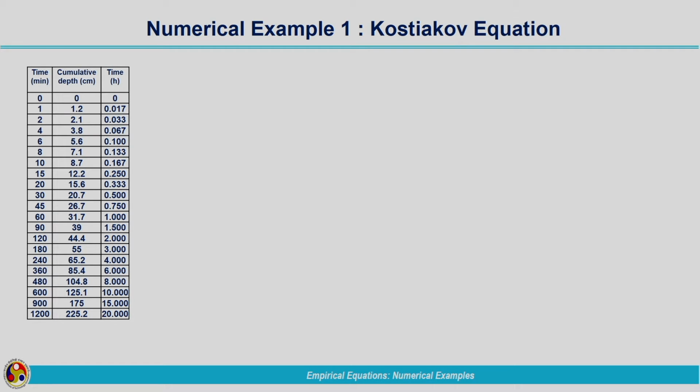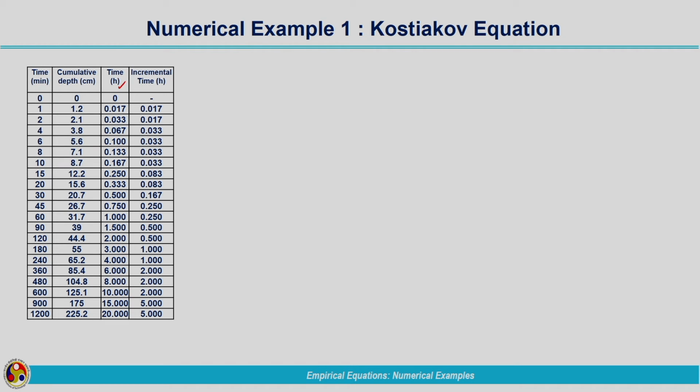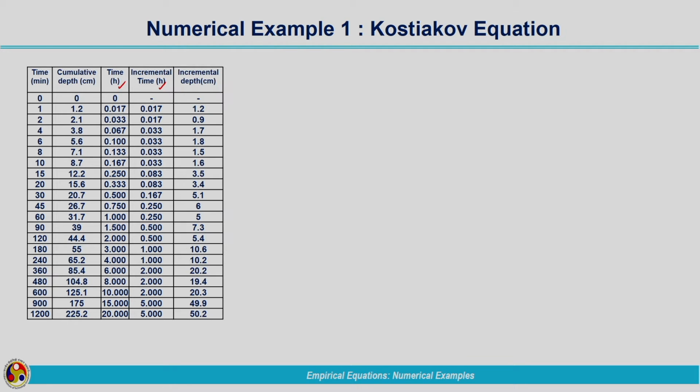This column represents the time converted into hours, and after that we will calculate the incremental time, that is, the time corresponding to each increment. Now, for incremental depth, you need to be very careful while solving the problem whether the cumulative infiltration depth or incremental depth is given to you.